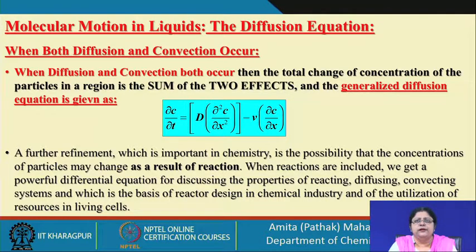And if they are guided by diffusion processes, we need to know whether it is only diffusion control, or you have diffusion and convection control, or if you have other reactions which are taking place. So, this is our fundamental equation which gets modified according to the systems which we are studying.